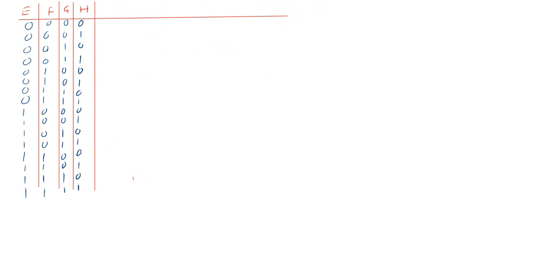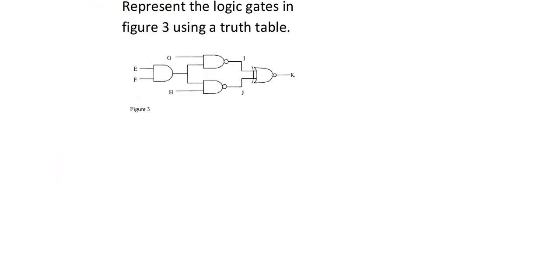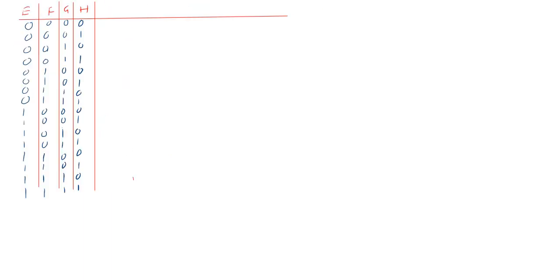So we are referring to this diagram. So you had these columns. We had a column for EF.